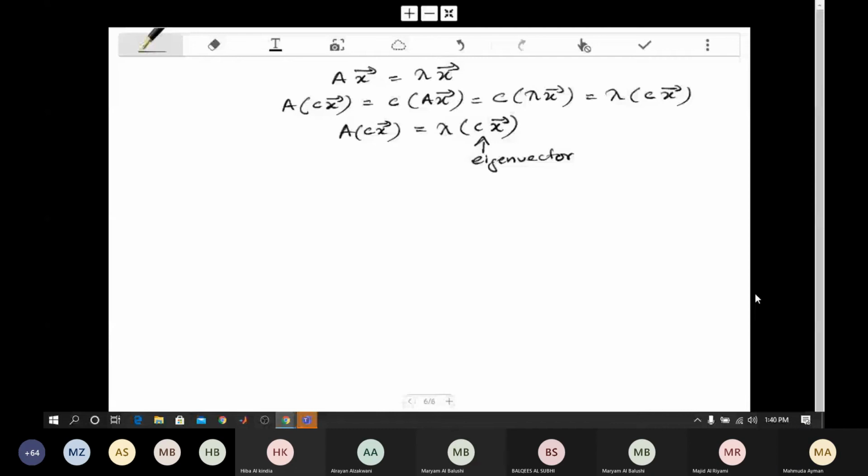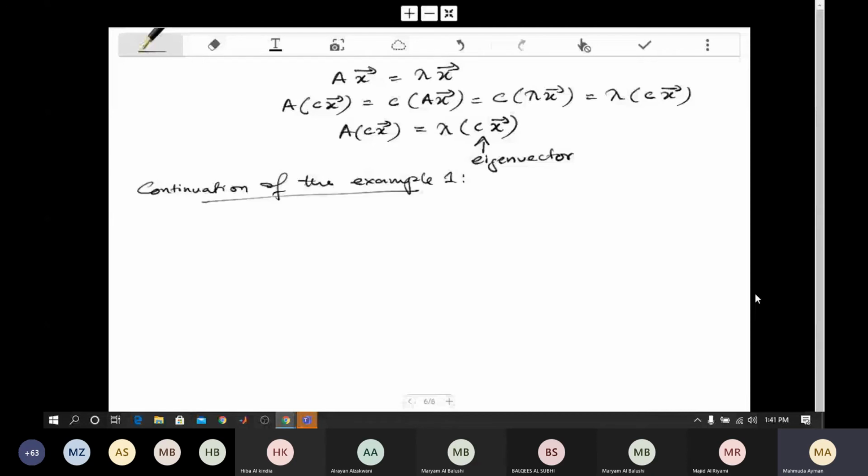So let's recall that our matrix was [1 4; 1 1]. Let me just write it down here as a continuation of example 1.